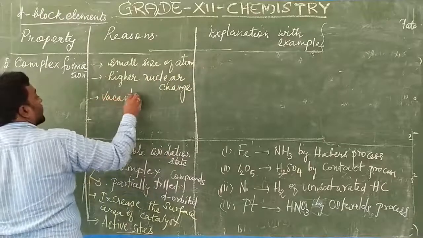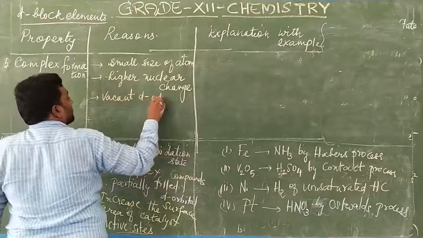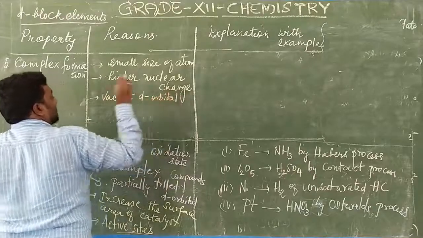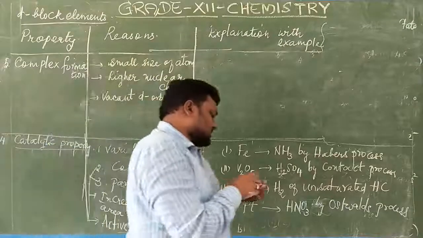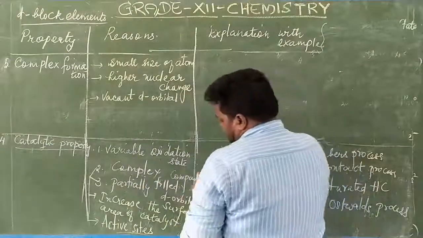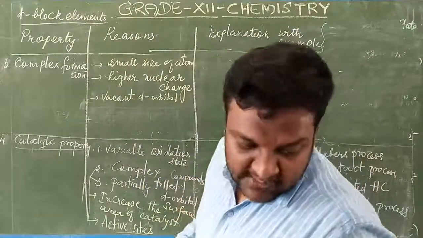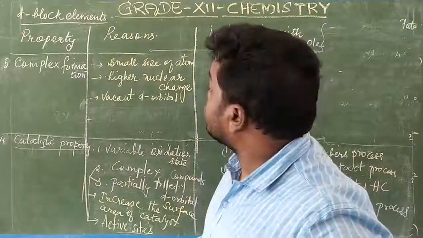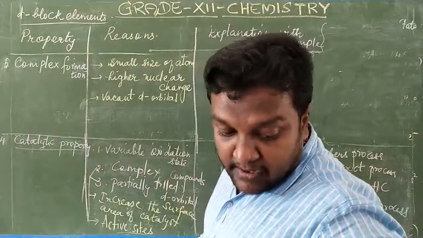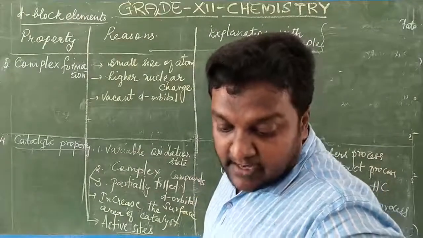Third, partially filled or vacant d orbitals. These are 3 reasons. So we'll go for its explanation actually. What is that explanation? The size of the atom I told you. What does the size of the atom say?